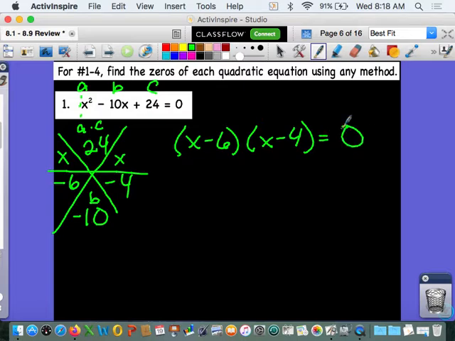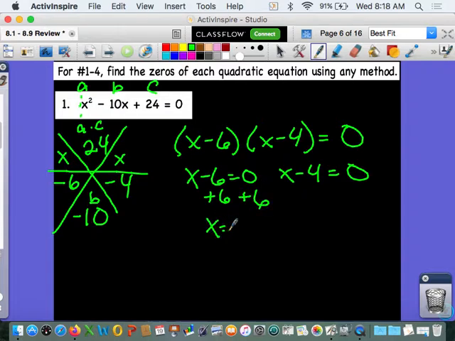It says to find the zeros, so I need to know what x equals. So what do I do next? x minus 6 equals 0. x minus 4 equals 0. Now what? Add 6 to both sides, so x equals 6. Add 4 to both sides, so x equals 4.